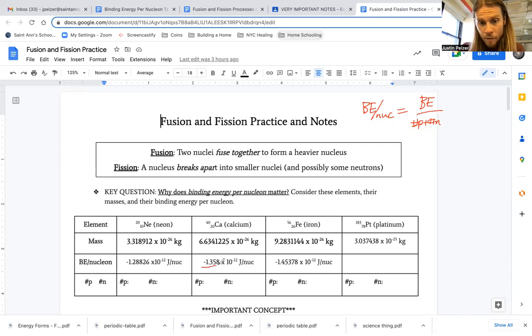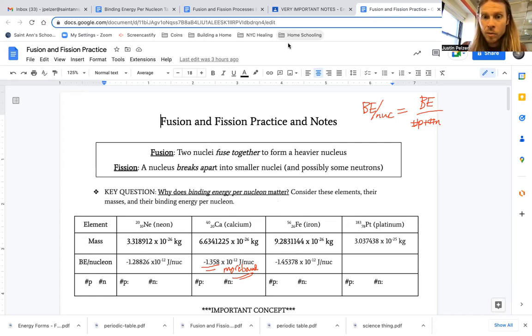Notice it's more negative, which means it's more bound. Notice that if you do it for iron, it's even more bound. What you do is you add up the number of protons, right?